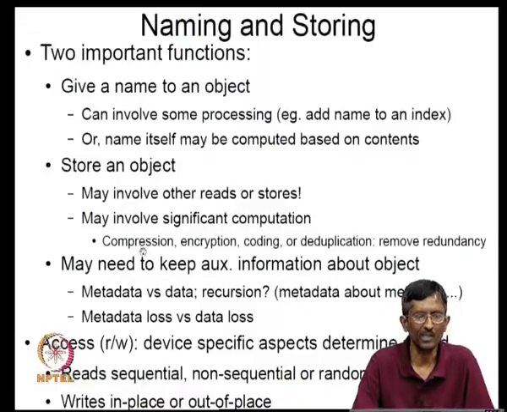Compression is a way of saying, if I see some segment repeatedly coming in, instead of repeating it every time, I use a pointer or a much shorter way of referring to that. Basically I am trying to reduce the space that is taken.